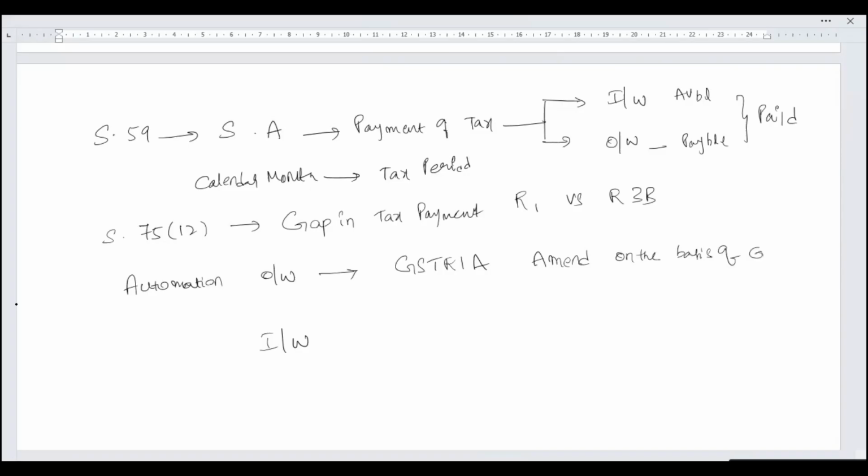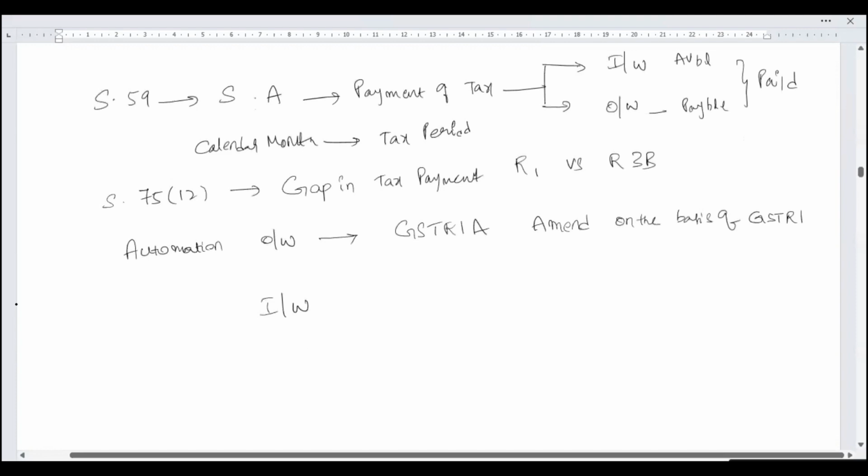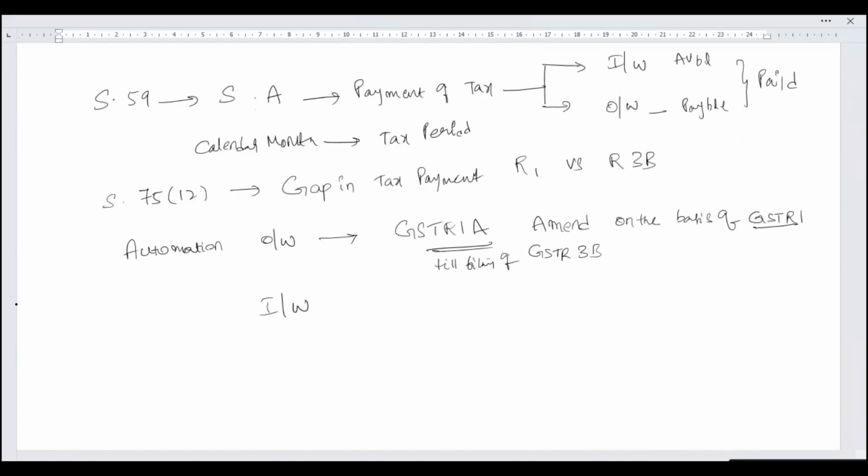Because the government has fixed the liability on the basis of GSTR 1, I can do the alteration using GSTR 1A till I file my GSTR 3B.